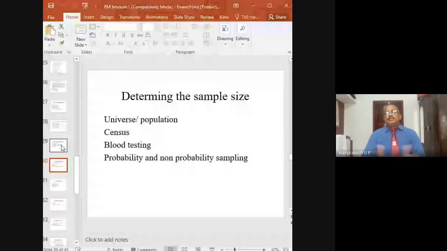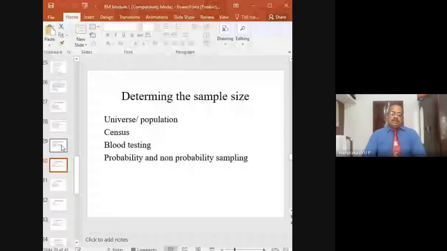How many? And it is not necessary also, only a certain portion of that population. So now I am using a word population. Okay, population does not mean the population of a country. Here in research, the population is the total number of the customers.